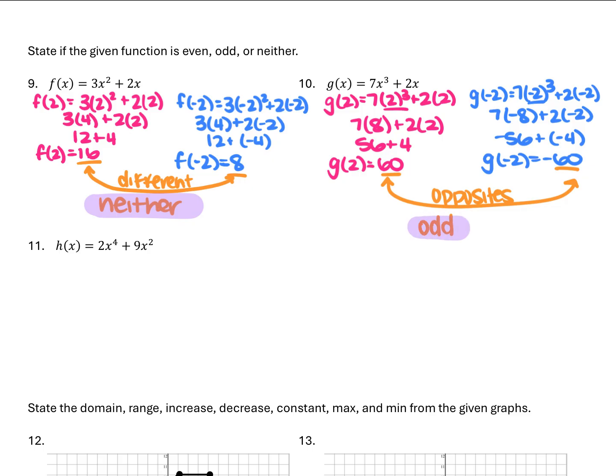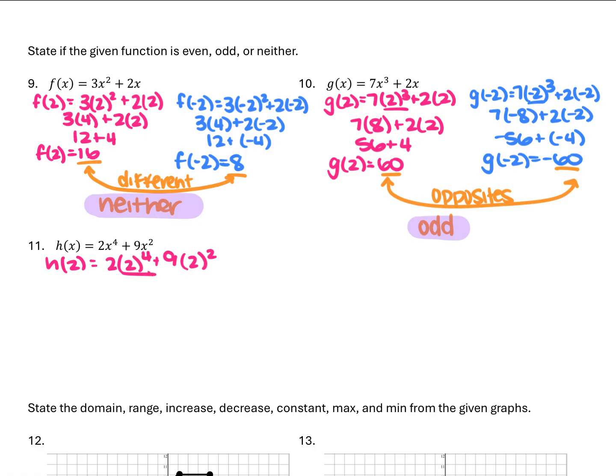For 11, we have h of x is equal to 2x to the 4th power plus 9x squared. If you find h of 2, that's going to be 2 times 2 to the 4th power plus 9 times 2 squared.